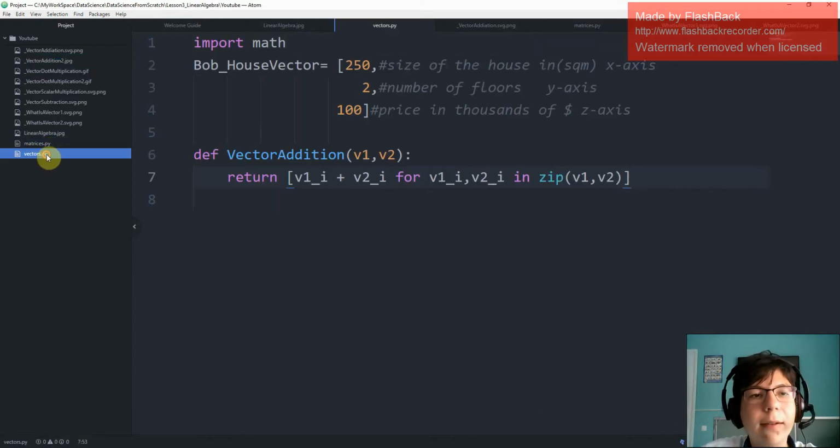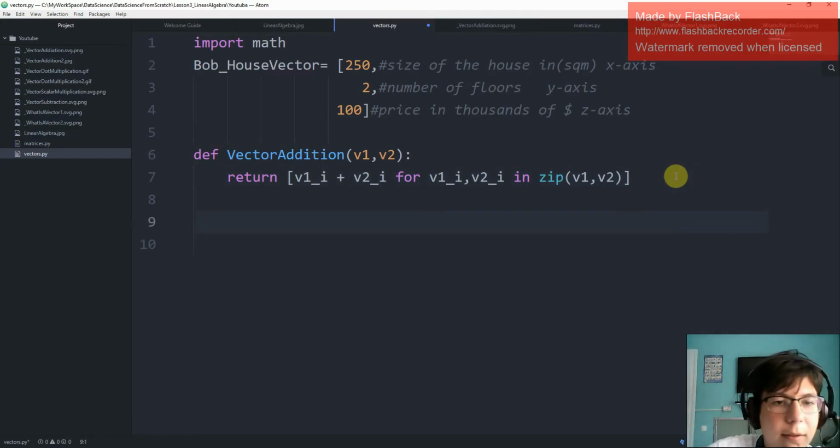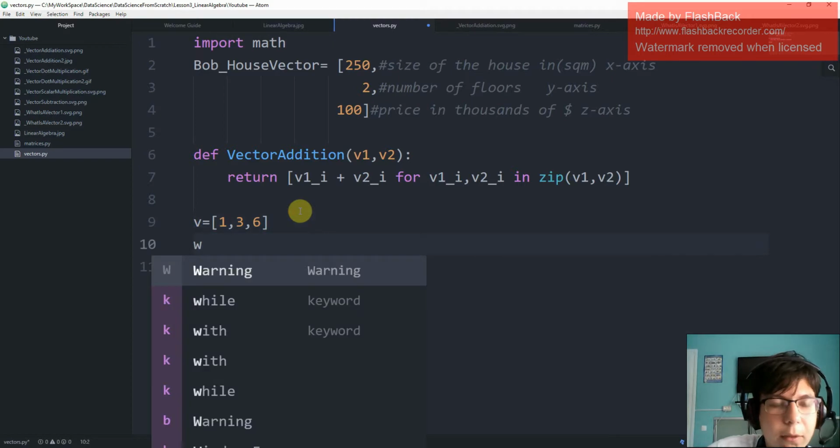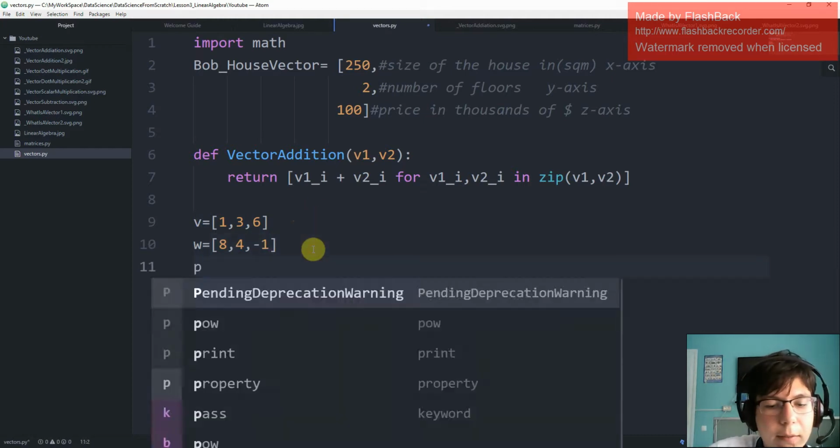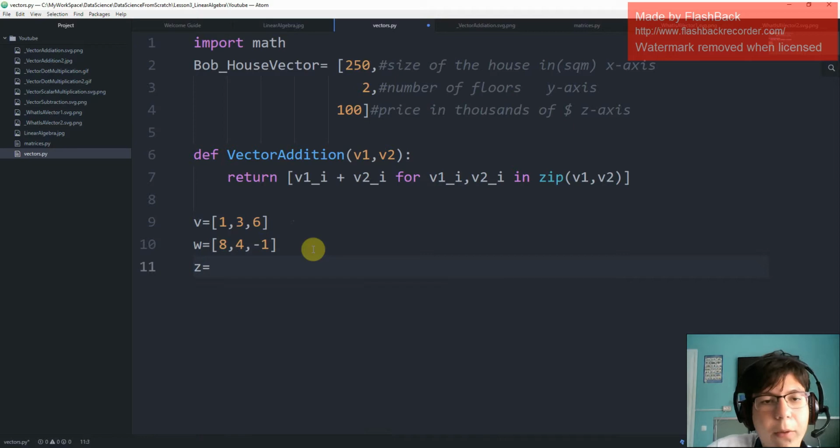So let's test our function here. Let's define two vectors. Let's say v equal to 1, 3, 6, and w equal to 8, 4, minus 1. And now let's test our function.